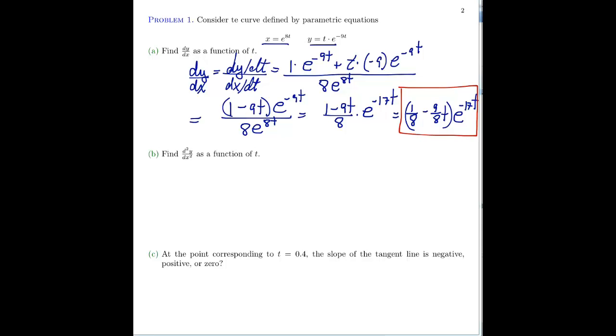Now, for the next part, I'm supposed to take the second derivative with respect to x. And I know that to do that, I take the derivative of the first derivative with respect to t. Right?